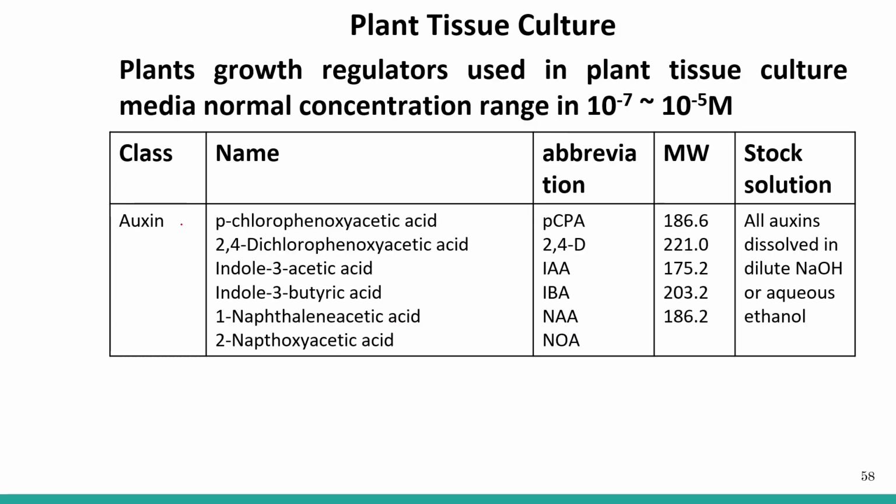So here are some of the plant hormones. The plant growth regulators used in plant tissue culture media have a normal concentration in the range of 10 to the power minus 7 to 10 to the power minus 5 M. P-chlorophenoxyacetic acid, 2,4-dichlorophenoxyacetic acid, indole-3-acetic acid, indole-3-butyric acid, naphthalene acetic acid and naphthoxyacetic acid.